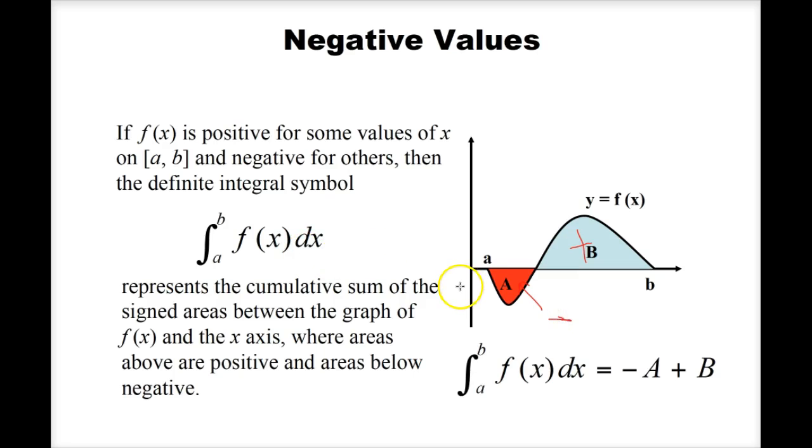And so if we had to compute the definite integral of the area under the curve from, let's say, a to b, and let's say we had some middle x value, I'll call it c, then from a to c would be interpreted as a negative area, and from c to b would be interpreted as a positive area.